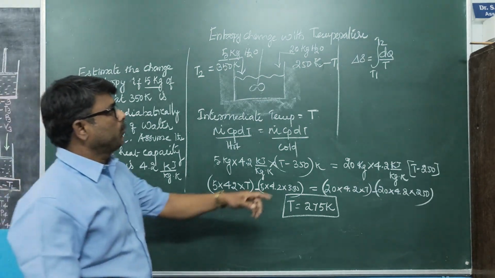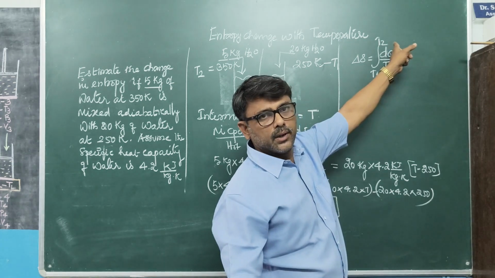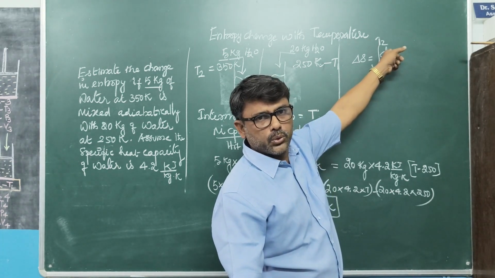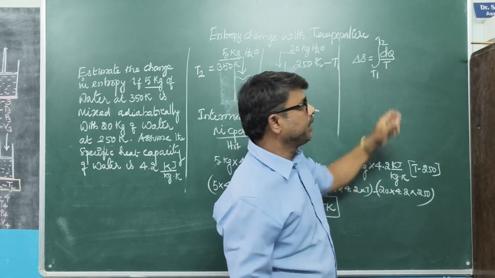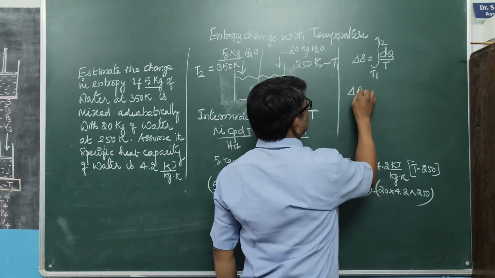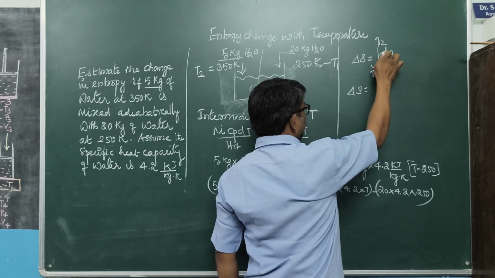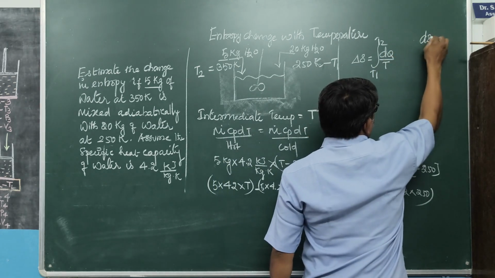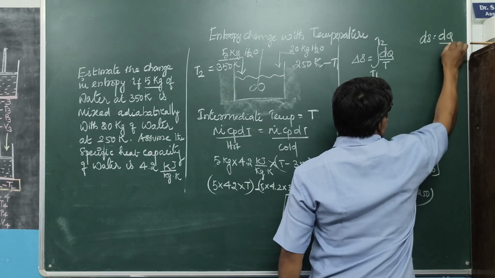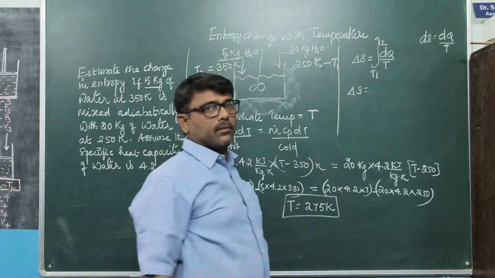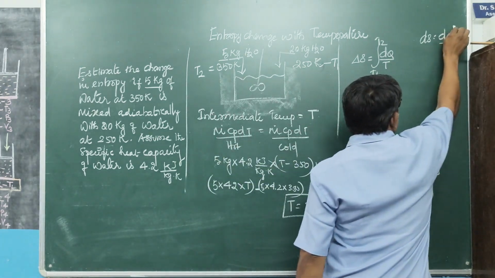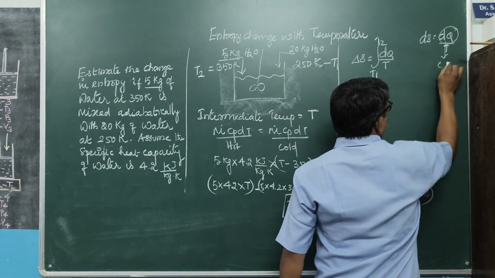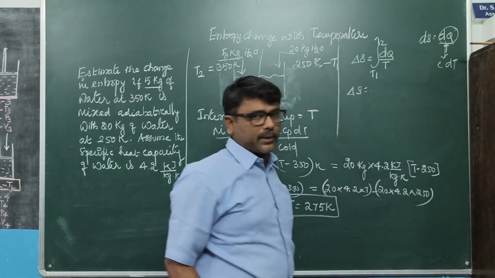Right. Instead of dq, I am going to substitute C dT. So del S is equal to integral of dq by T, where dq is C into dT in terms of heat capacity.